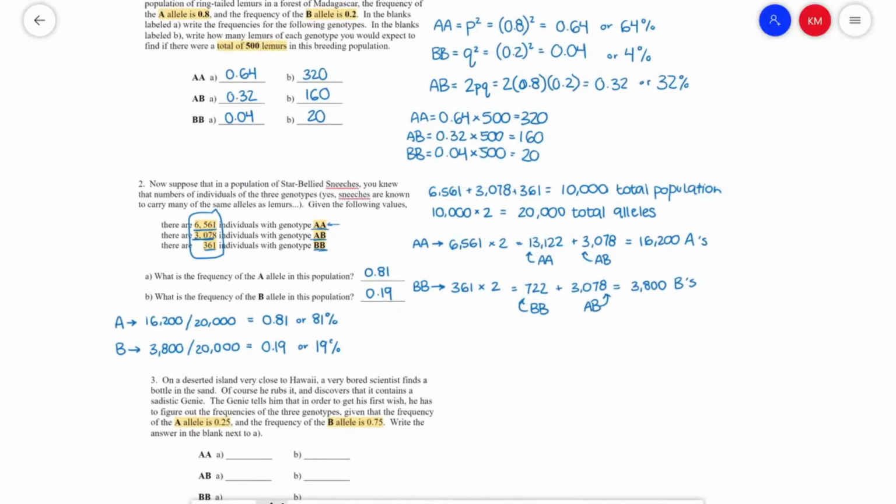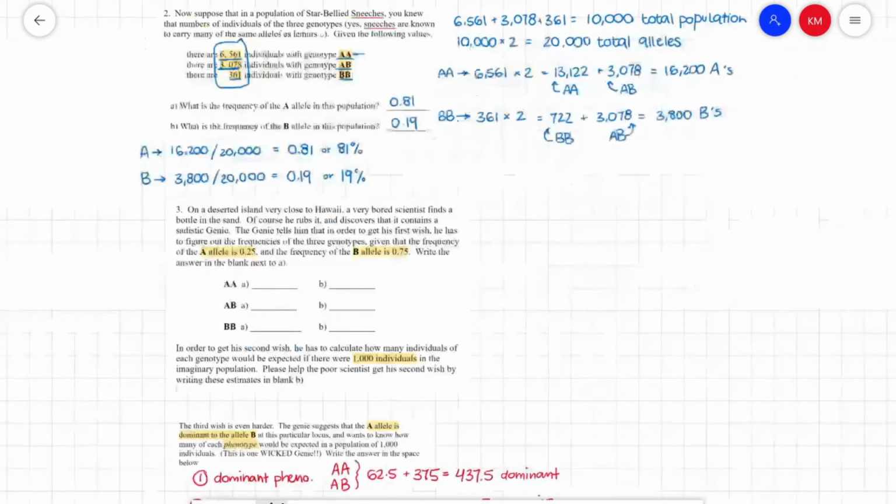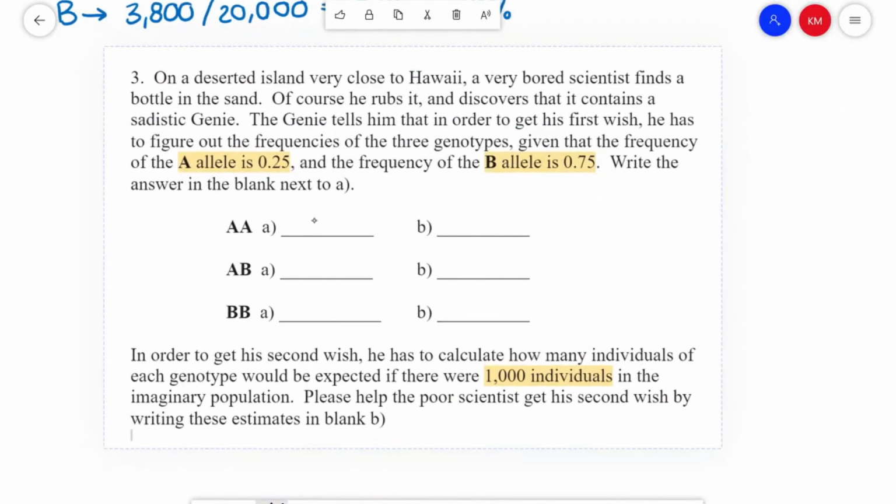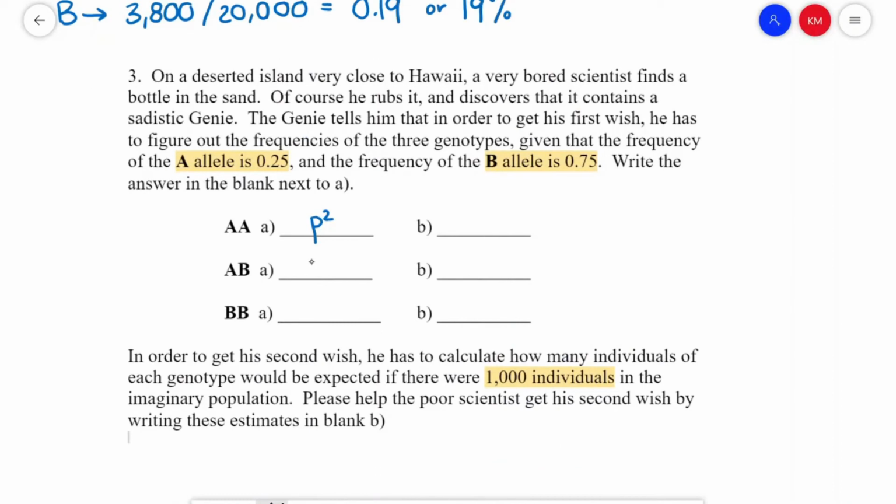But you're using the same equations, so you're going to use p squared to find the frequency of the AA genotype. I'll just write the equations in here. So you're going to use p squared here. You're going to use 2pq to find the AB genotype frequency, and you're going to use q squared to find the BB. And remember that this A allele is P, this B allele is Q. Okay, so you should be able to figure that out.